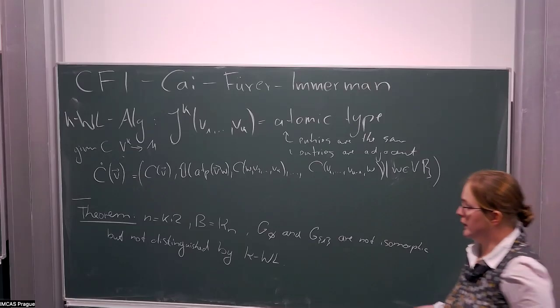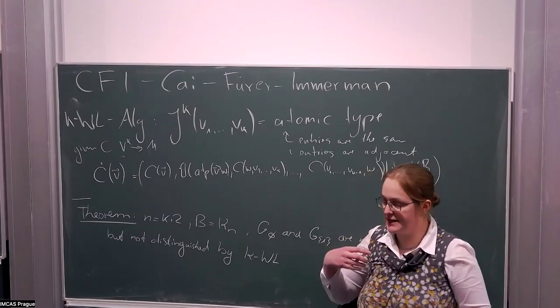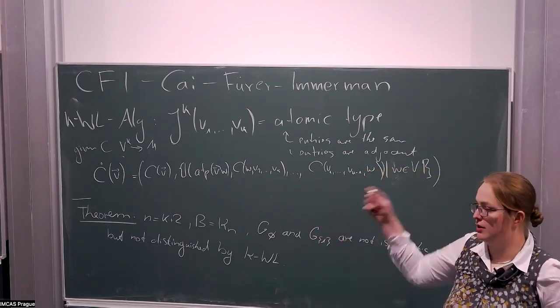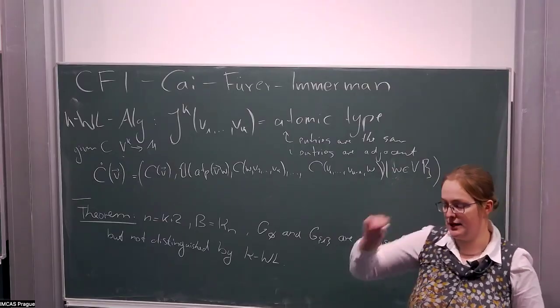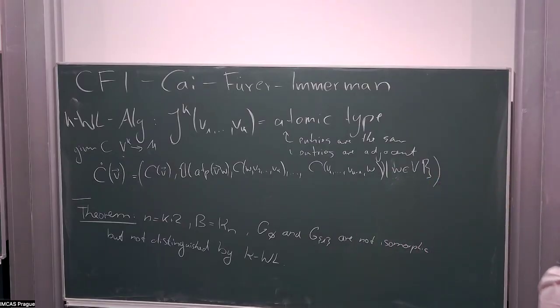So we have those sets of edges which are around a vertex, and we choose all kinds of subsets of those.